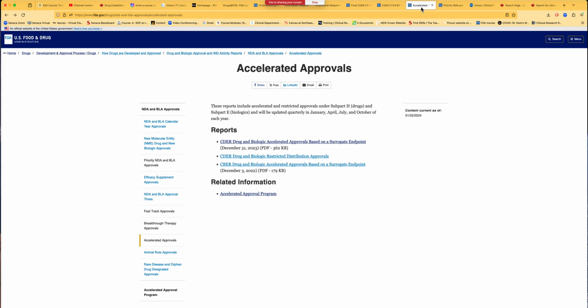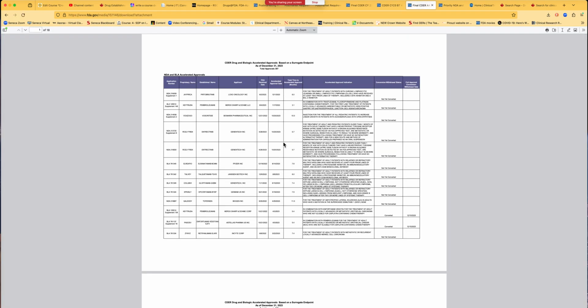We do use this page as a repository, so that, as you can see, we have the accelerated approvals as of 21st of 2023, where we can now see the information about which drugs have been approved in an accelerated way. And what is interesting is not just the applicants, it's not just the accelerated approval date, but mainly total time to accelerated approval in months.